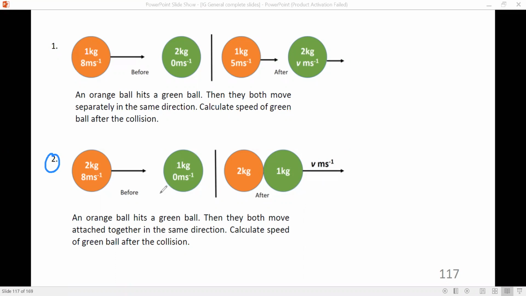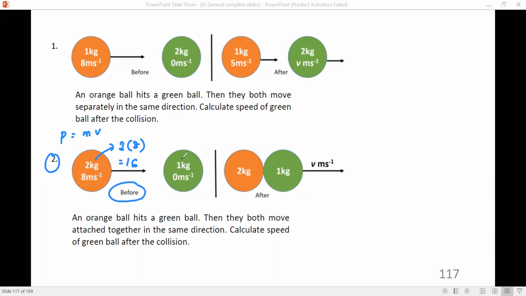So what you can do is calculate the total momentum before. How do you do that? The first one, use the formula p equals m times v. The m is 2, the v is 8, so you get 8 times 2, which is 16. So 16 is the momentum of the orange ball.